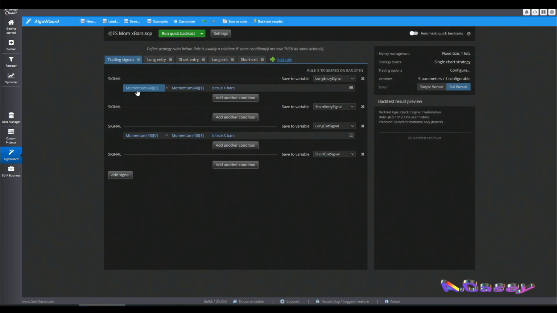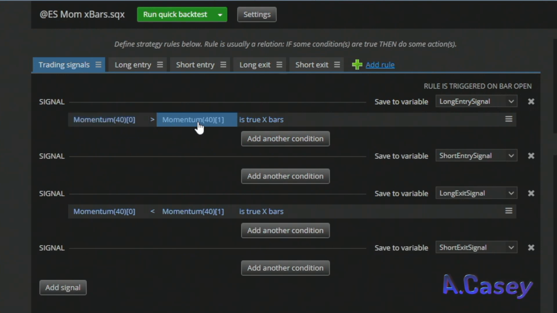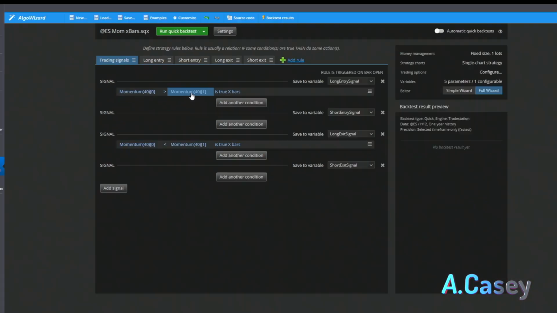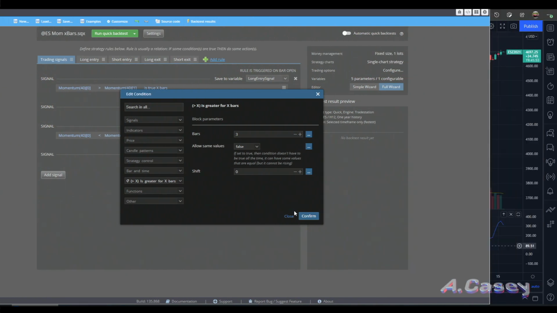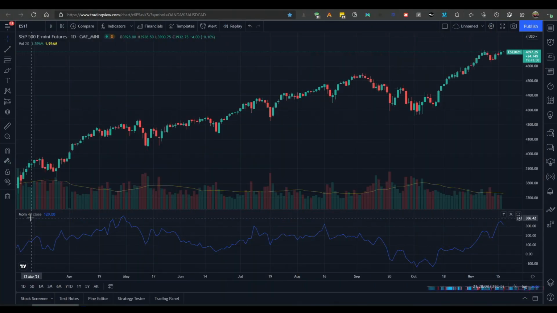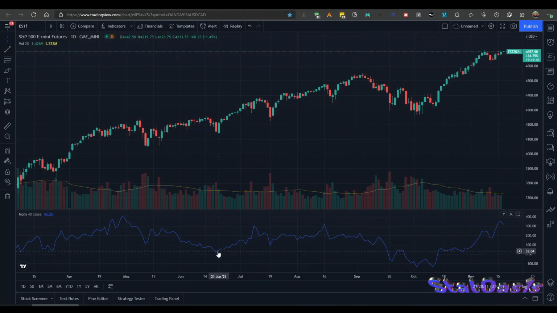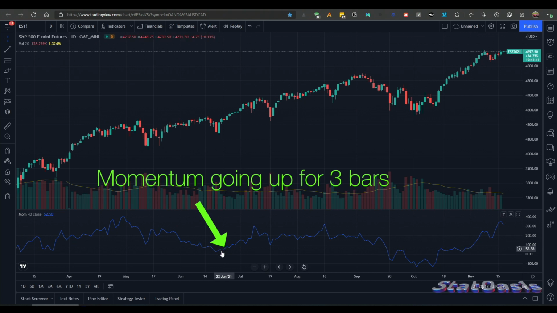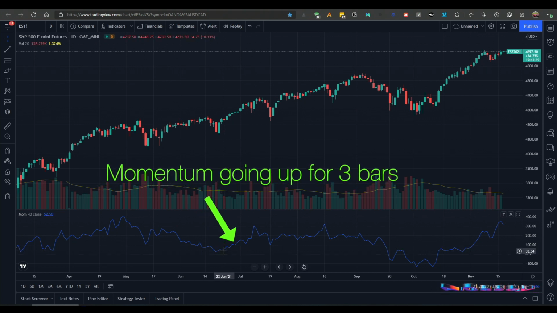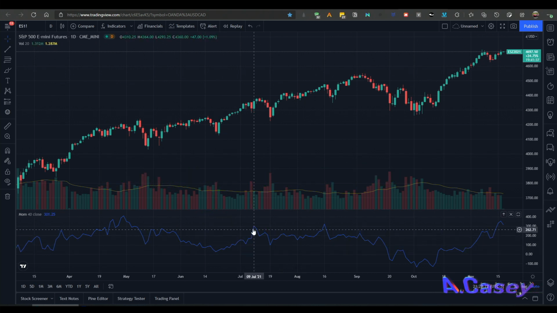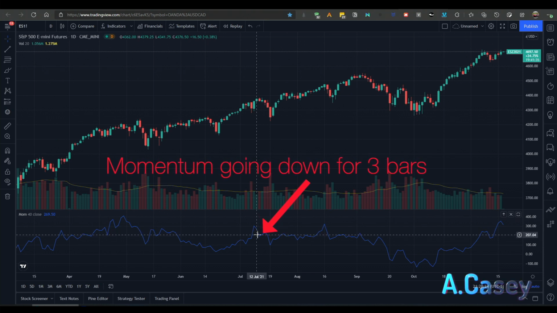Here I put the same momentum 40 greater than the previous momentum for 3 bars. So what I am looking for is the momentum of 40 bars to be higher than the previous momentum for 3 bars. If it's higher 3 bars in a row, then we go long, and when it goes lower 3 bars in a row, then we exit.